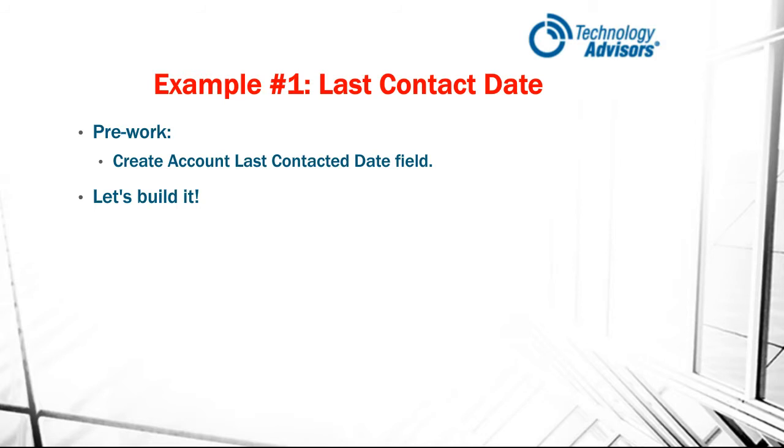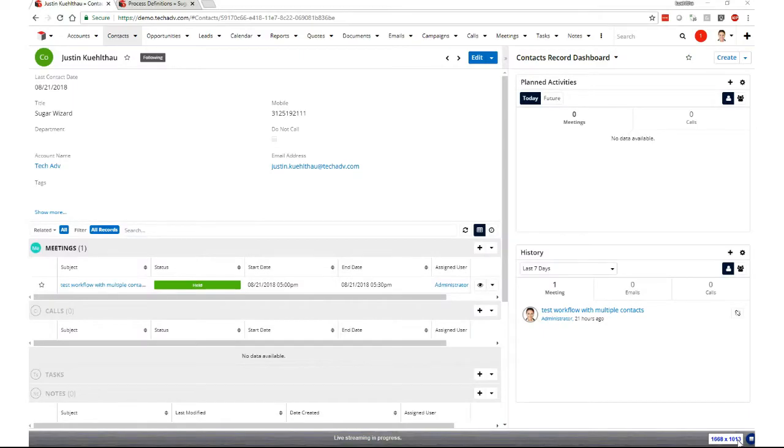Pre-work I've already done: I created the last contacted date field. So let's go ahead and share my screen and take a look at that. Okay, everyone should be seeing SugarCRM now. You can see here I'm looking at the contact Justin Kielthau. I have a last contacted date field just below that with August 21st.